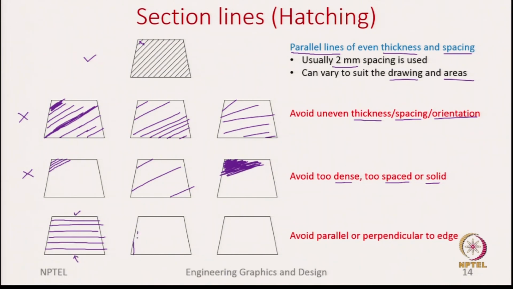Similarly, even drawing them as vertical lines is also a poor practice. The reason is that now again these section lines are perpendicular to the edge. And let us say I draw it inclined, but now I make it parallel to one of the edges.